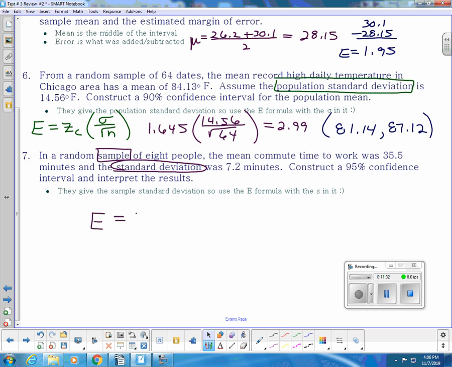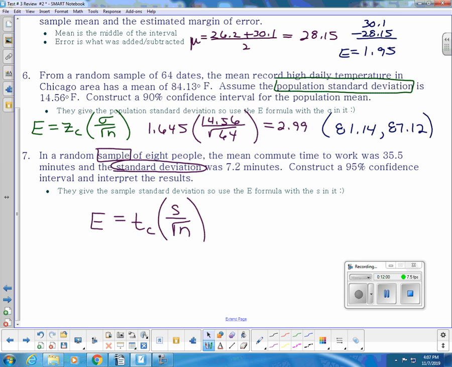If it has an S in it, we need to use our T-chart. So I go to my T-chart, and I'm looking for the 95% confidence with a degree of freedom of 7.